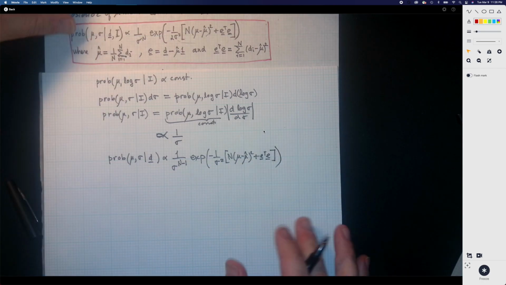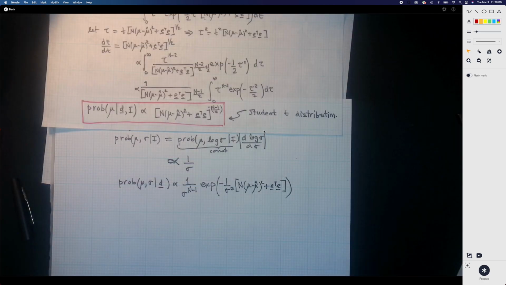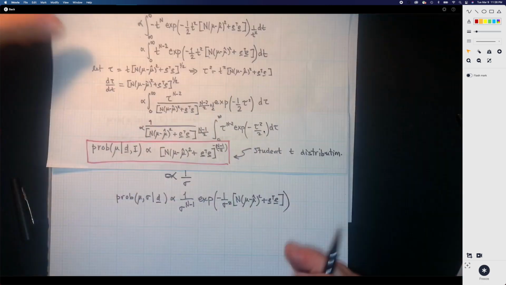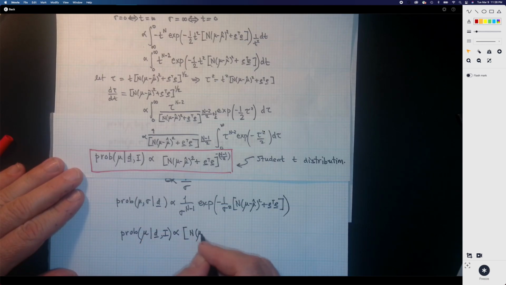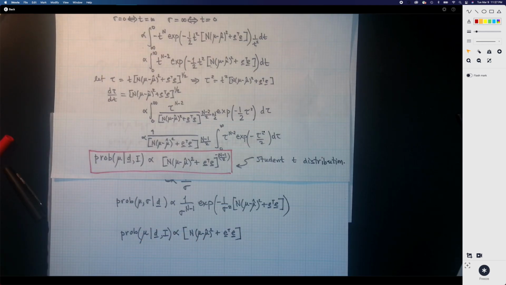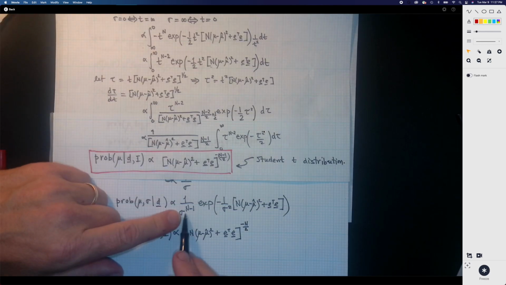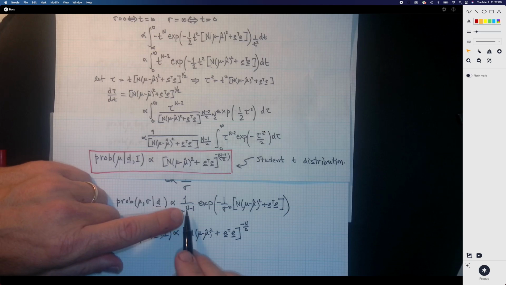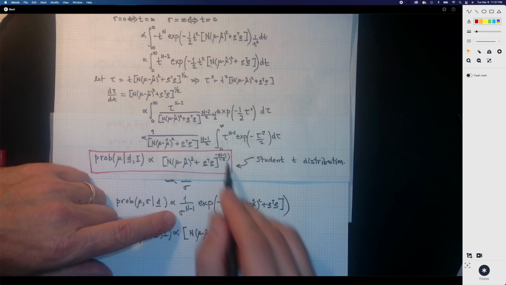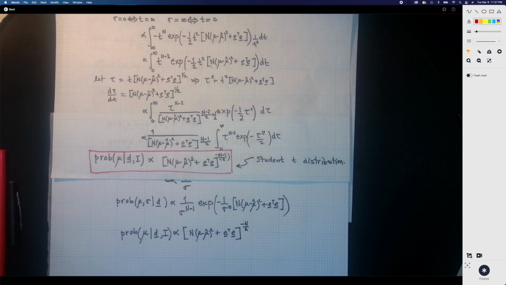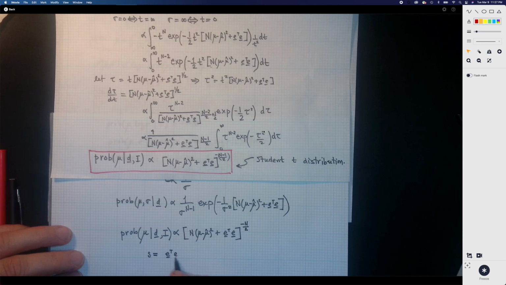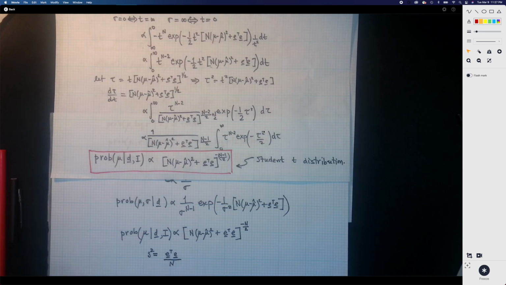And now when we do the marginalization integral, we would get over here, where we used to have a sigma to the n, we now have a sigma to the n minus 1, and that gets rid of the minus 1/2 we had before. And so now our estimate for S squared has n instead of n minus 1.